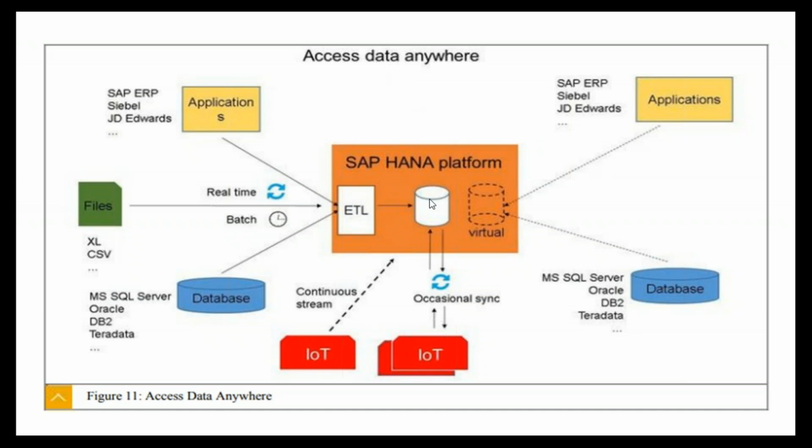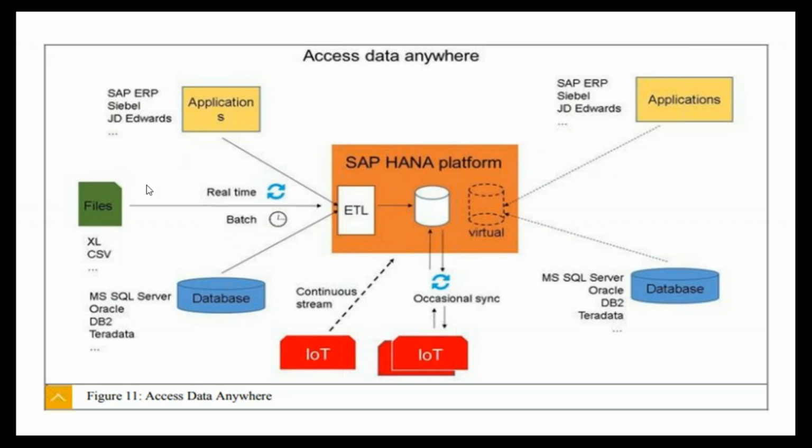So access data anywhere. Now you can access the data from the HANA database to any applications, any database, and you can interact with the internet of things and control different systems from this. Continuous streaming can be done, occasional sync can be done. For databases, you can go for MS SQL or Teradata and access them.